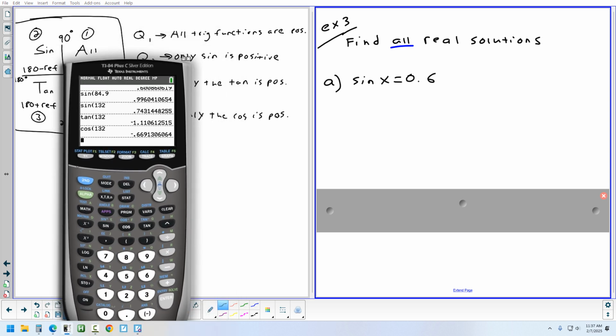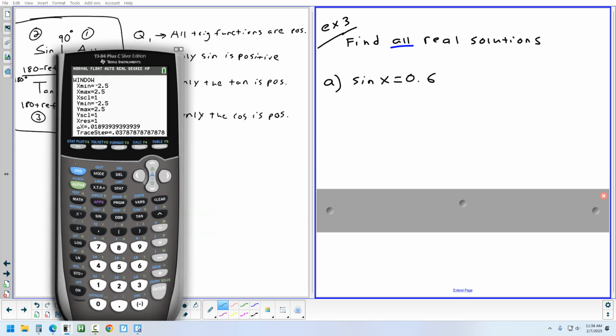If I was doing it on the calculator, first thing I would do is press y equals. I have to clear everything, type in sine, type in 0.6, and set my window to 1 cycle. This is all stuff we did before. I'm just showing you how long it's taking me to set all this up.